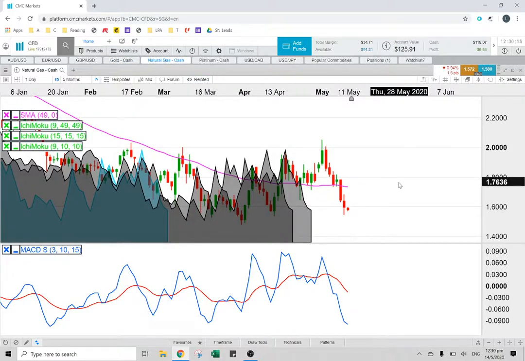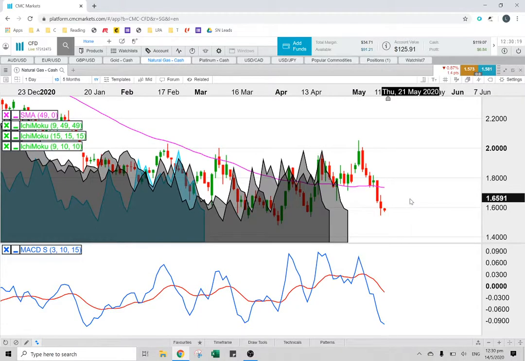Next one is gas, natural gas, commodity, cash. Choppy market based on the pink line, so nothing to trade, but strong down price movements and at recent low of the blue line.